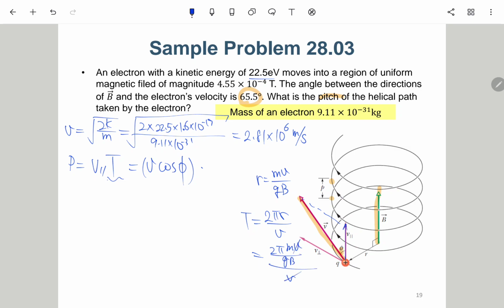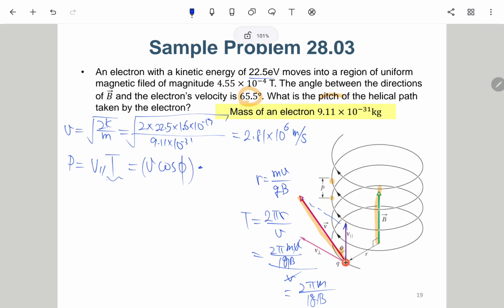This v and v cancel. So finally we have 2 pi m over qB. So this is the period of the circular motion, 2 pi m over qB.